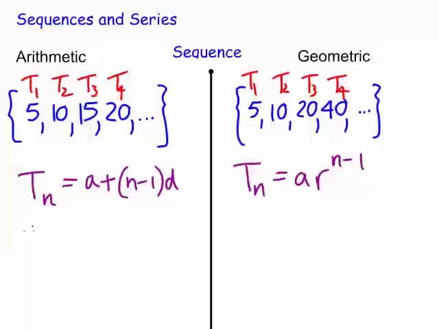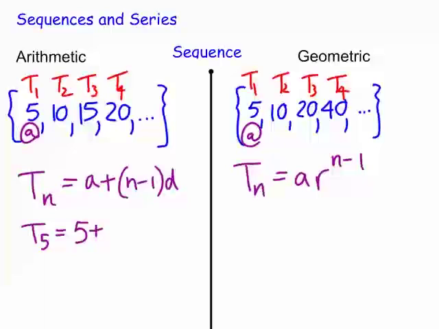Now the first thing is, let's do a quick example. How do we calculate T5? T5 is based on the first term, a, which is 5 in both cases. So it's going to be 5 plus so many lots of the common difference, and you can see here it's n minus 1.